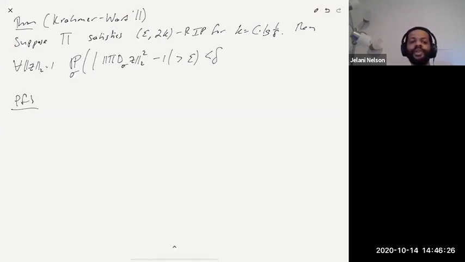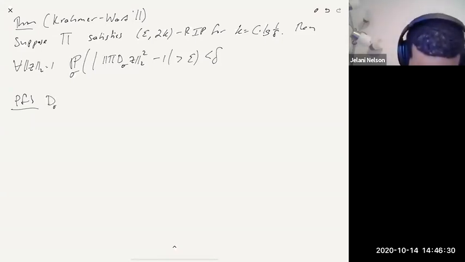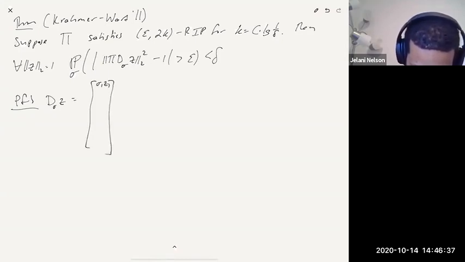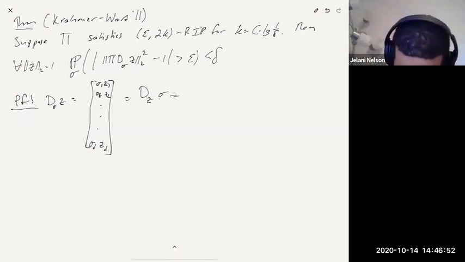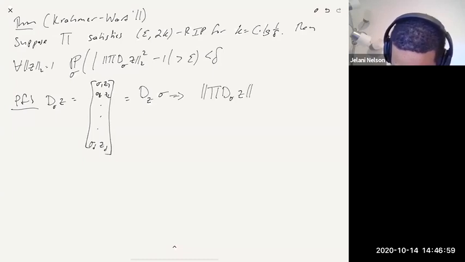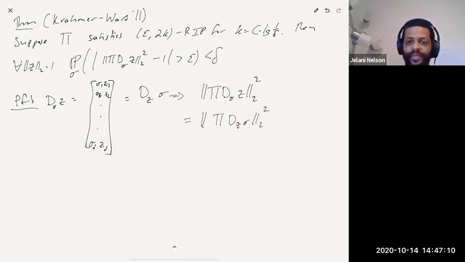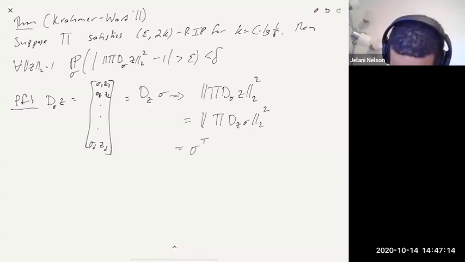So the first observation is, what is D sigma z? It's a vector that looks like sigma 1 z1, sigma 2 z2, etc., sigma d zd. And this is of course the same thing as D z sigma, meaning you put the entries of z on the diagonal. So that implies that pi D sigma z, L2 norm squared, is equal to pi D z sigma, L2 norm squared, which is equal to sigma transpose D z pi transpose pi D z sigma.